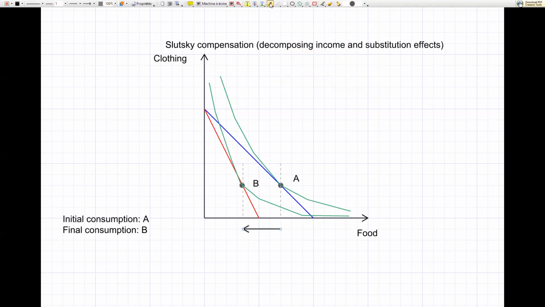So I'm going to use some blue here. That's the total effect. And now you may remember that we had graphs in which we decomposed the demand of a good into substitution effect and income effect.